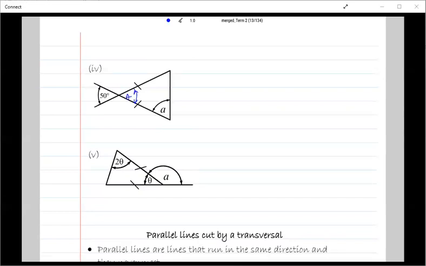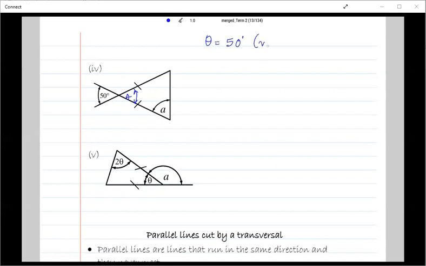I never teach anything about no opposite angle. Why is theta equal to 50 degrees? Anybody? It's a vertical opposite angle. Very good. So I would start out by saying to the examiner that theta is equal to 50 degrees.